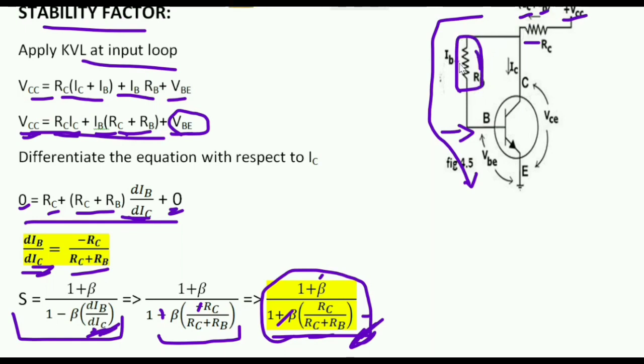This is one type of feedback, and it provides not only DC feedback but also AC feedback applied at the input. This will reduce the gain at the output, that is at the collector. This raises the issue of a decrease in the gain of the AC signal. This is the main disadvantage of this circuit.